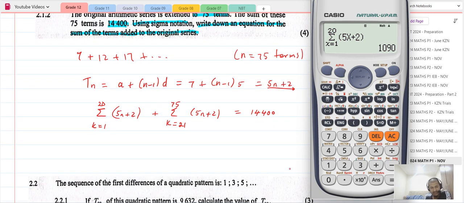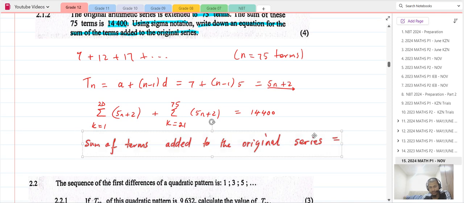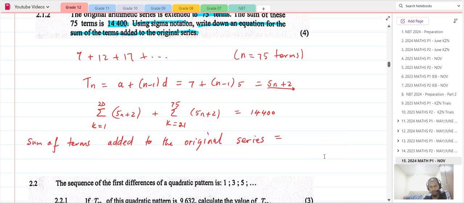So I'm just going to write: sum of terms added to the original series is equal to, what is it equal to? Sigma, k equals 21 to 75 of 5n plus 2.